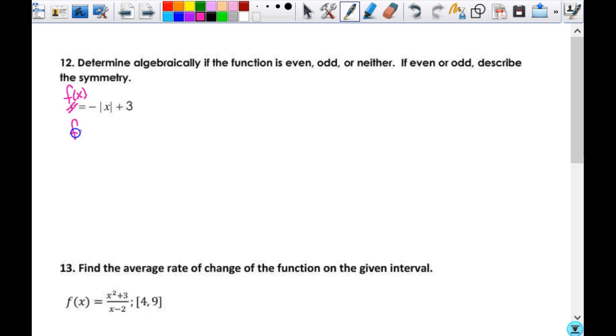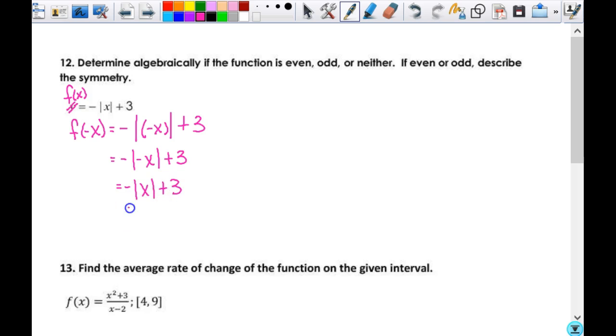So I have to find f of negative x, and that's equal to negative absolute value of negative x plus 3. So notice I wrote this down. You have to write f of negative x and substitute it in. Now I can simplify. Well, the absolute value of negative x is just x. That's equal to negative absolute value of x plus 3.